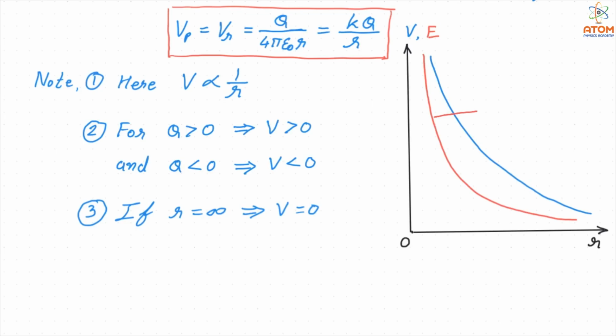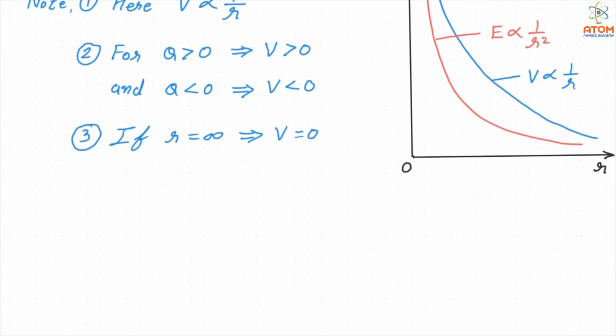This is the graph of electric field of a point-like charge, which is proportional to 1 upon r square, and this is the graph of potential of a point-like charge, which is proportional to 1 upon r only.